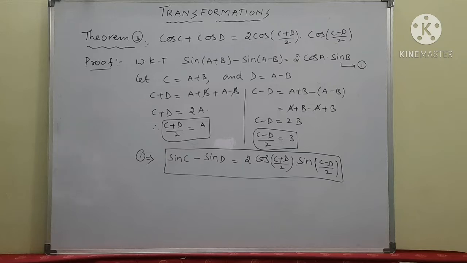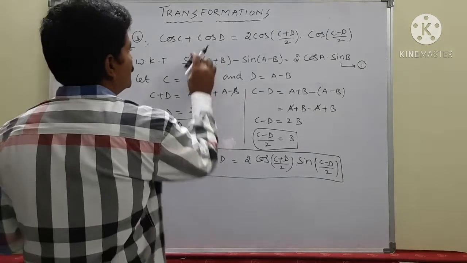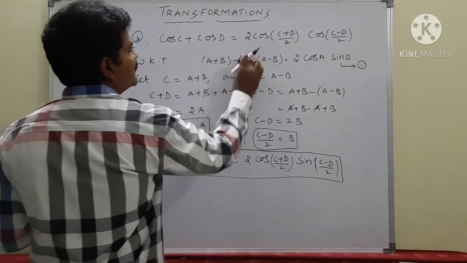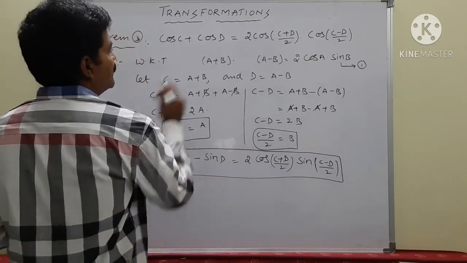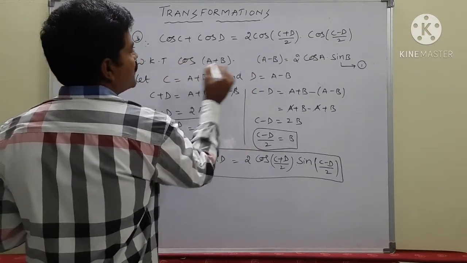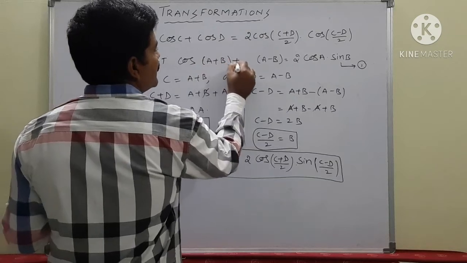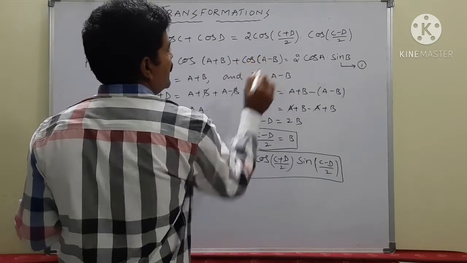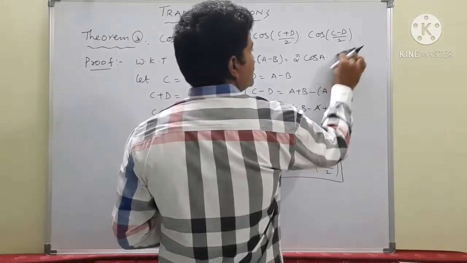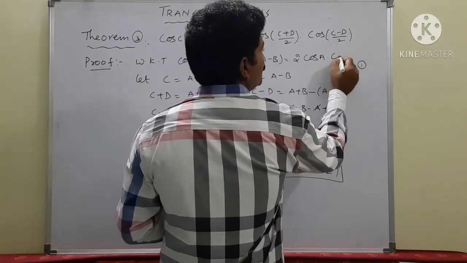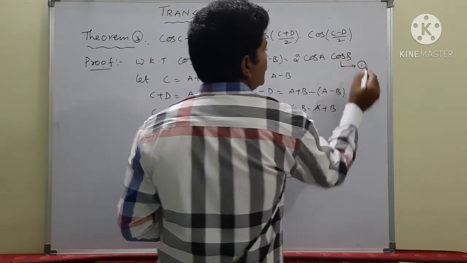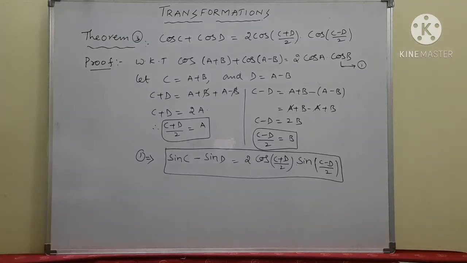So this is also same as the previous things. So this time we know that cos of a plus b plus cos of a minus b is equal to 2 cos a into cos b. So let it be equation number 1.